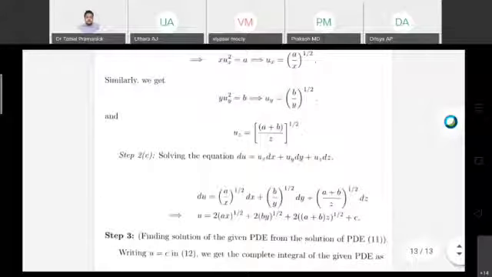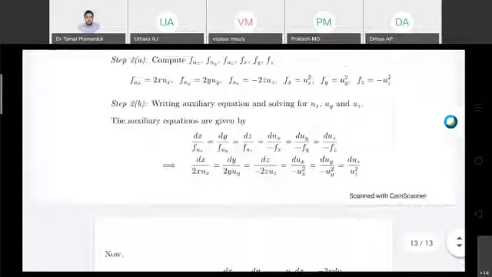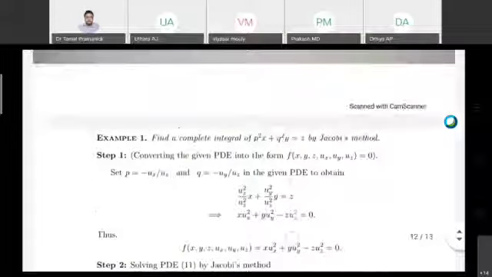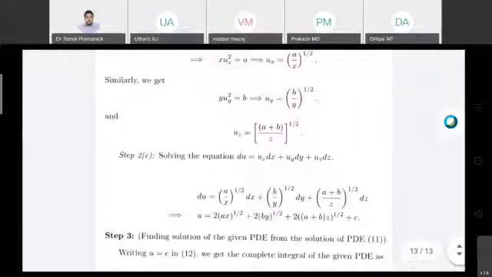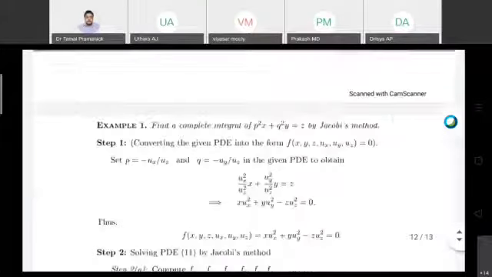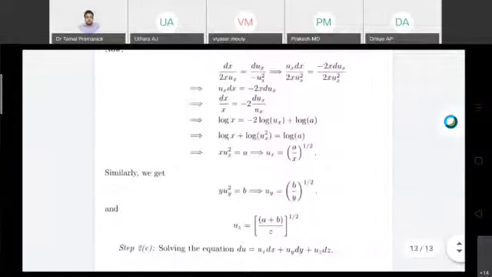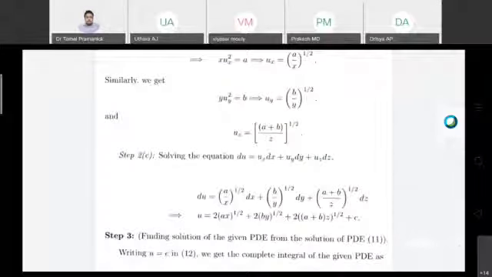After writing u equal to c in equation 12, it's not done here, I think. I need to complete that one.